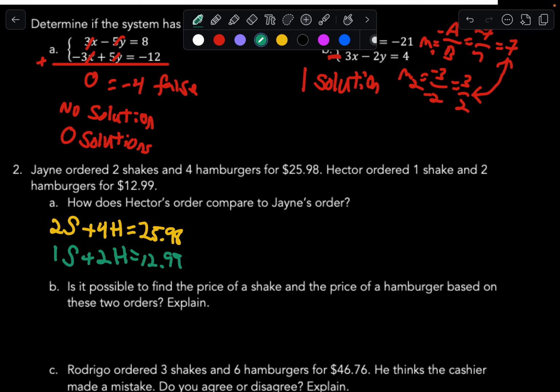Well, if you look at the left side, you would see that Jane ordered twice as many of the items as Hector, right? 2 shakes for Jane and 4 hamburgers versus 1 shake for Hector and 2 hamburgers.